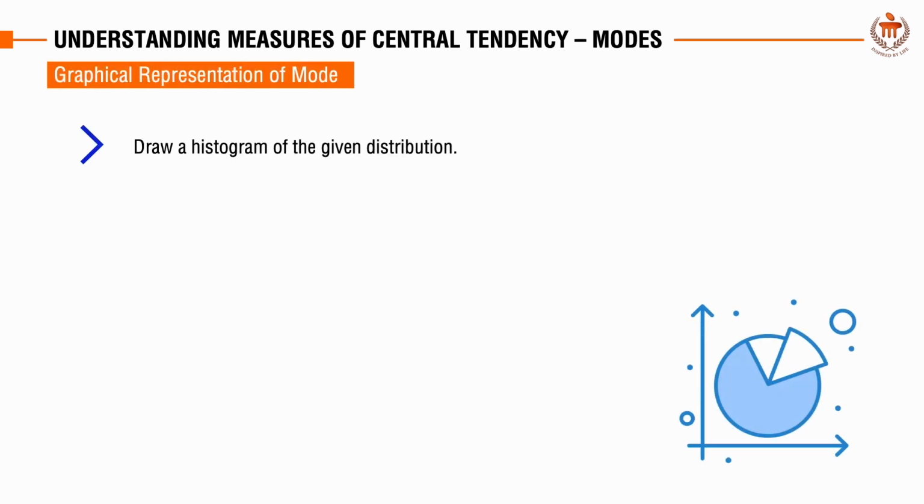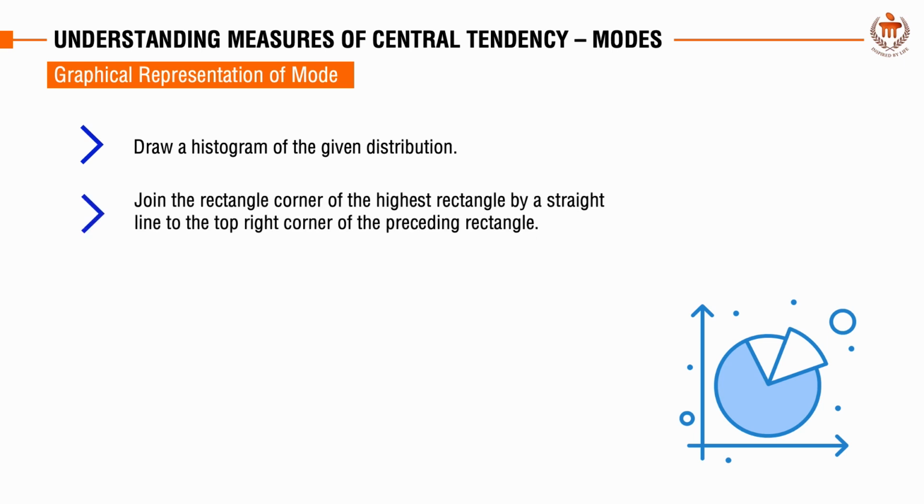Now the graphical representation of mode. Whenever we work on the graphical representation of mode, we use a histogram for the class interval data with frequency. Whatever is given, we'll draw the histogram, and then we'll focus on the group of the histogram which has the highest frequency.